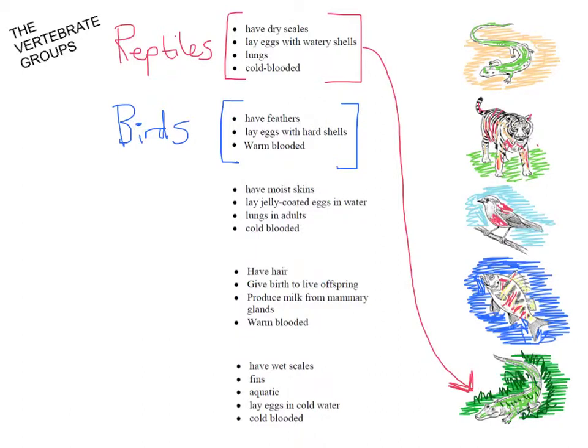Notice that only birds and mammals are actually warm-blooded, and by that it means they have their own thermoregulatory mechanisms. They're able to control their own temperature. All the other groups, especially if we look at reptiles and we say cold-blooded, it means that they are what we call ectotherms. They have to take the temperature of the environment.